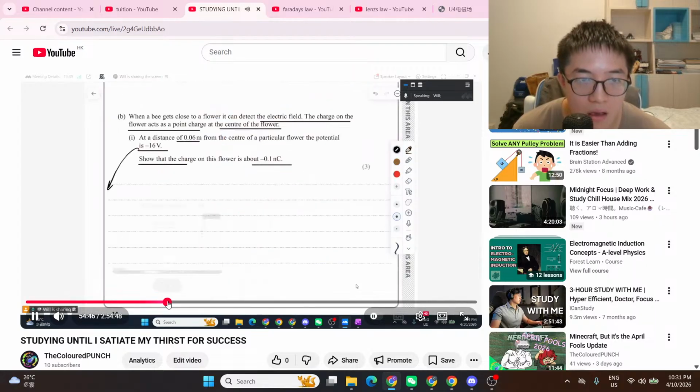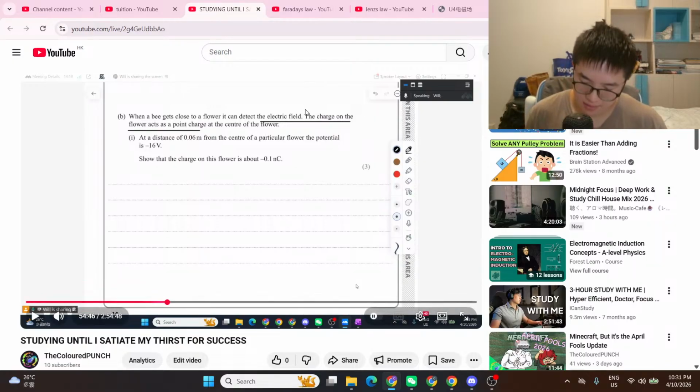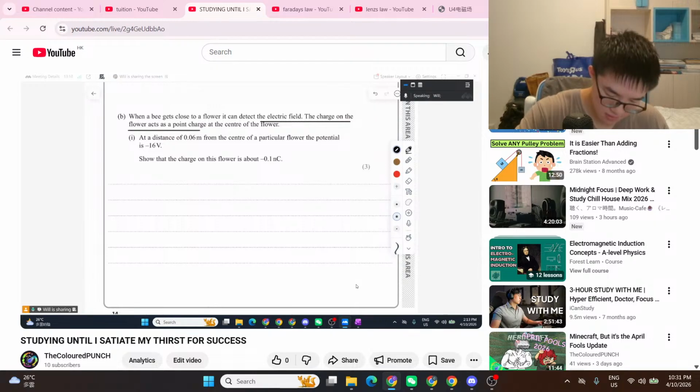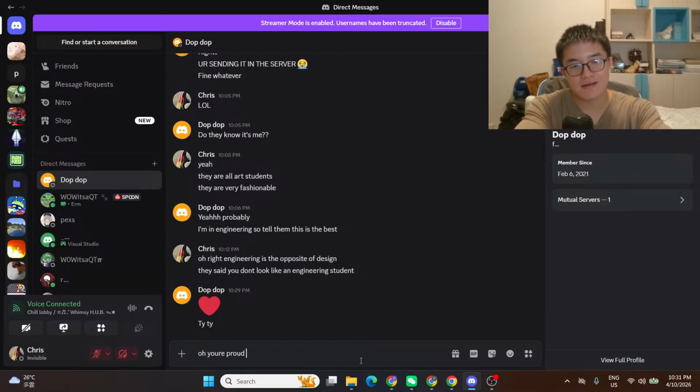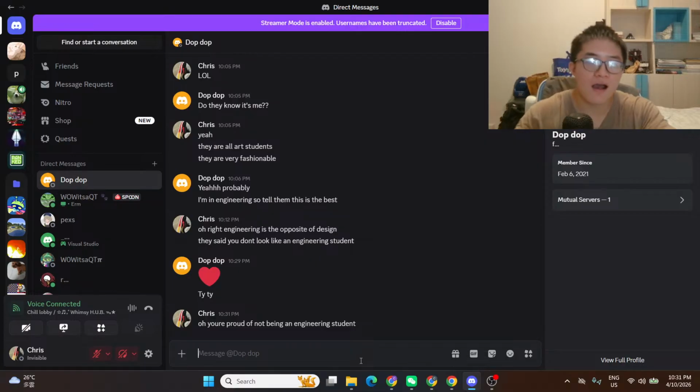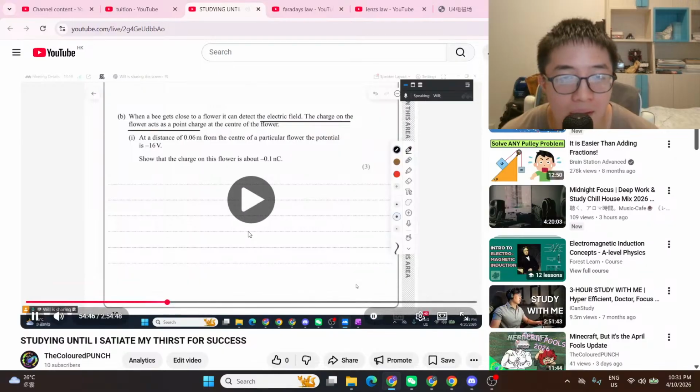The one nano flower x as the point charge at the center of the flower.